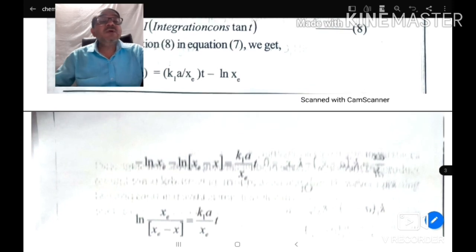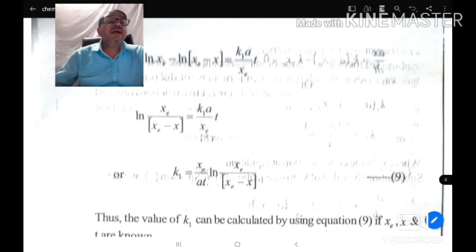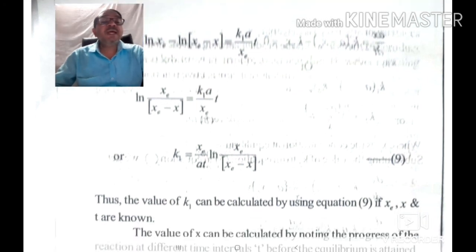Here, minus log xe minus x plus log xe is equal to k1 a upon xe into t. Log xe upon xe minus x is equal to k1 a upon xe into t, or k1 is equal to xe upon a t into log xe upon xe minus x. Label this as equation number 9.